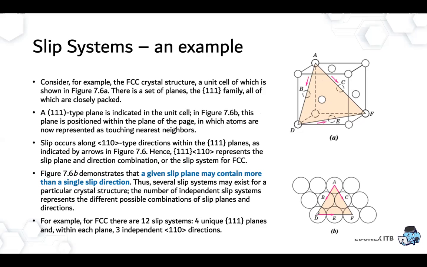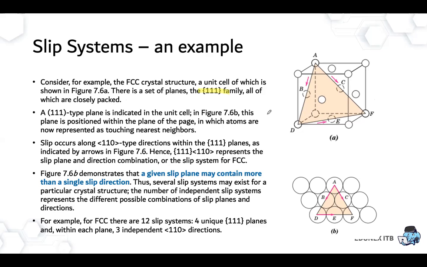It's easy to cut with all of the neighboring atoms, break the bond, and then form a new bond again, and that makes the dislocation like that. So this is the slip plane. The slip plane is called the 111 family.